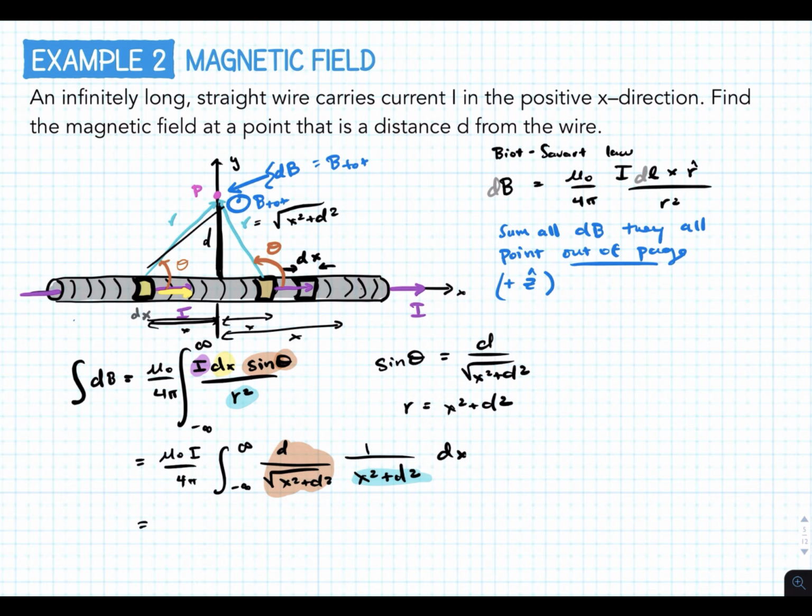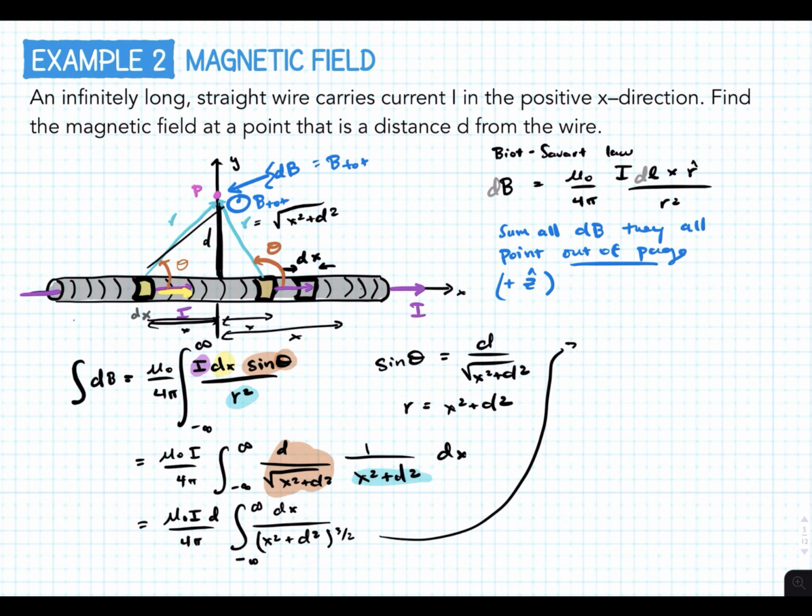We can just simplify, so we get mu naught I d over 4 pi. This is going to be dx over x squared plus d squared to the 3/2. And we can bring this back up over here. Let me just mark this so you guys remember what happens here.